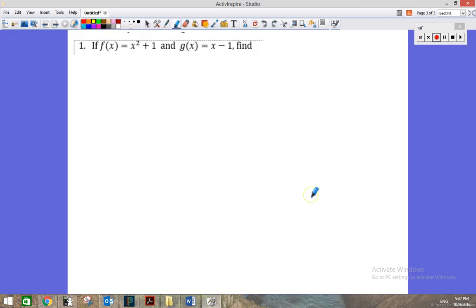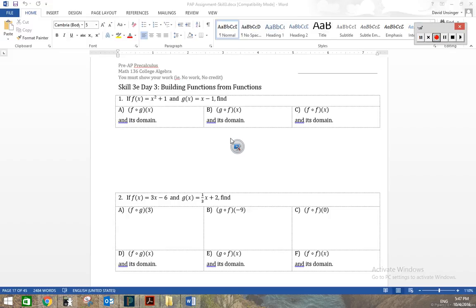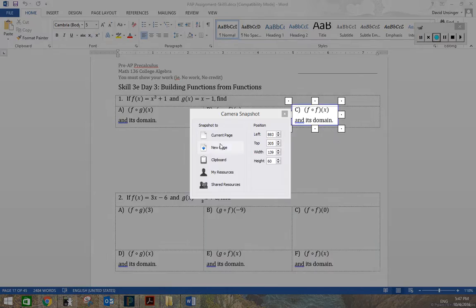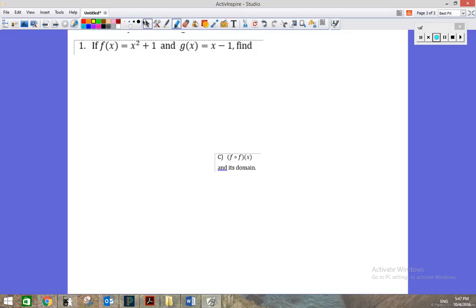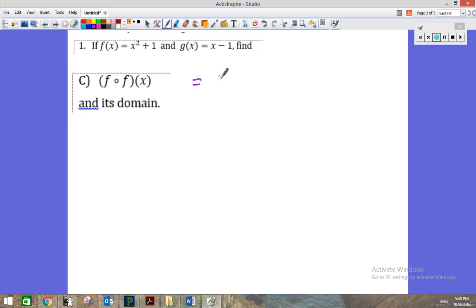Let's take a look here. Oh, I didn't say what we wanted. f composed with f. All right. So we're taking the function f and we're plugging it into itself.